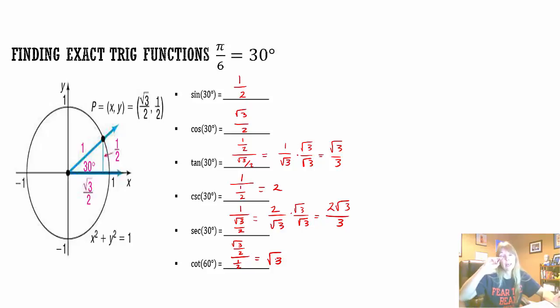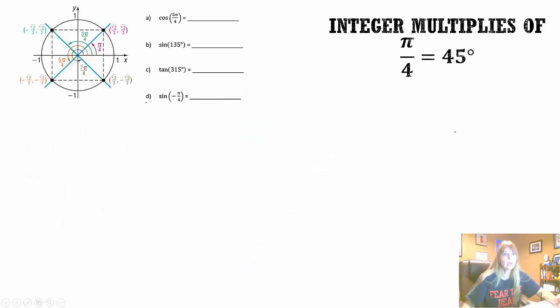So nicely, now I have my quadrantal angles, I have my 45 degree, and then I have my 30 and 60 degree. And you're going to see those are important ones to be able to solve a lot of these problems. I can look at multiples of these, because notice if I have that line y equals x, and of course this would be y equals negative x, then I can just reflect.